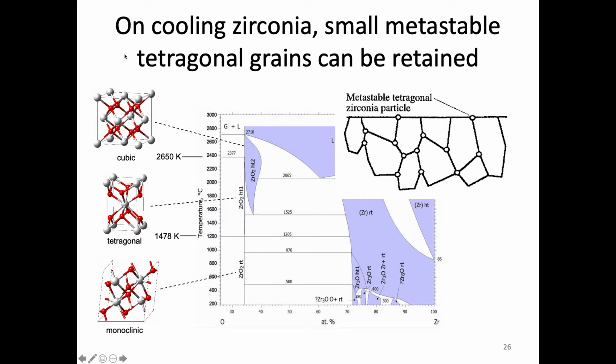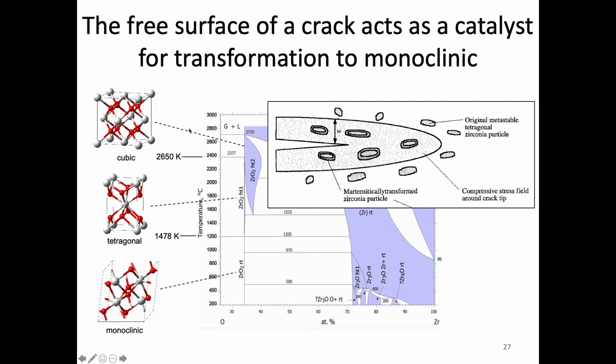And there's also a cubic phase, which is worth pointing out. A lot of what we'll talk about later has to do with this cubic phase as well. And that cubic phase, if we add things, can also stabilize. All right, so the stress can induce this martensitic transformation, but also a free surface.